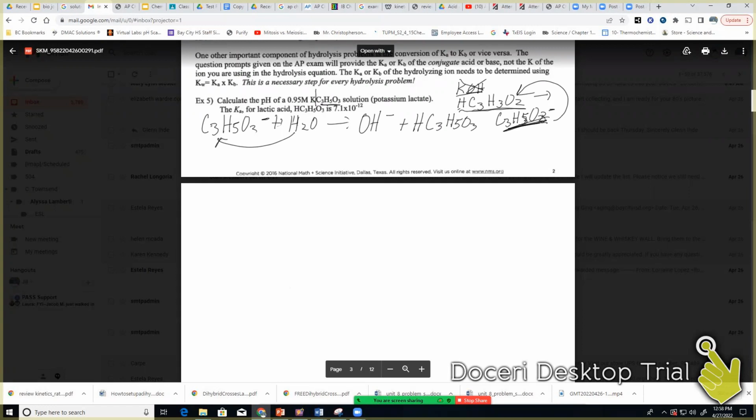It wants to be together. So what you need to realize at this point, we may have started out with a weak acid, but when we wrote this hydrolysis equation, this is actually now a base equation, because that conjugate base took on the water.